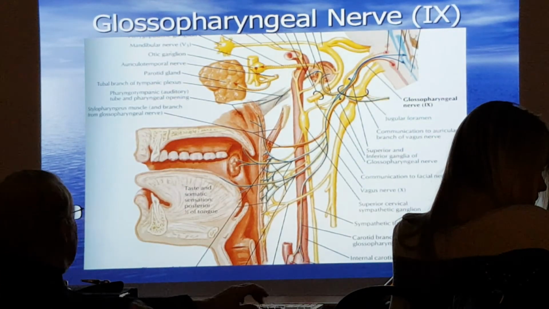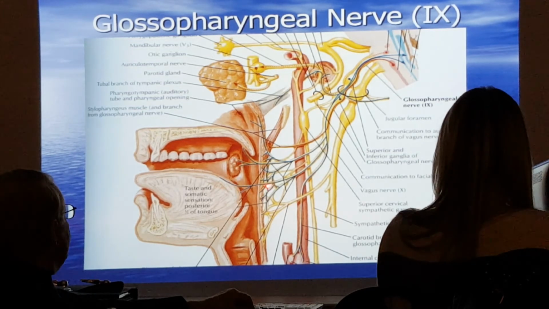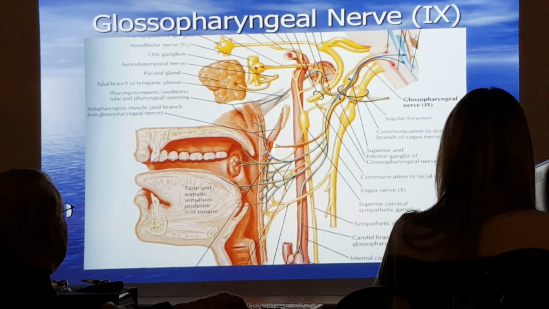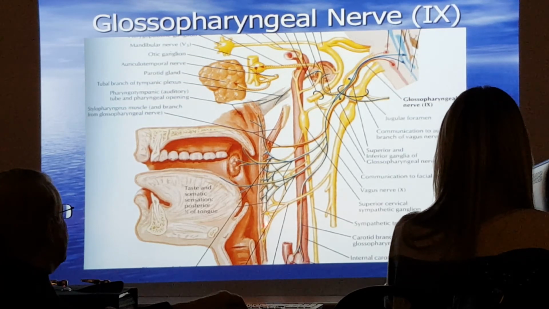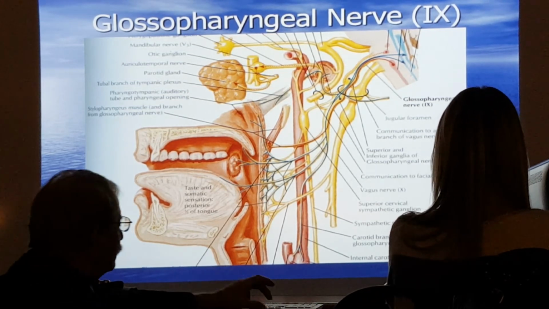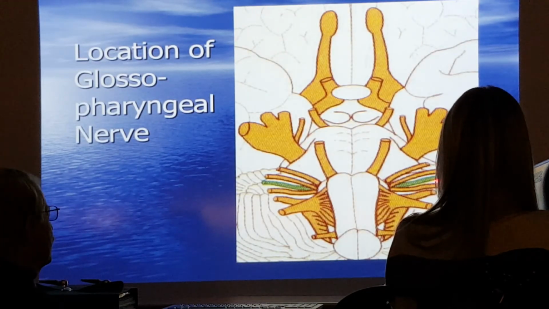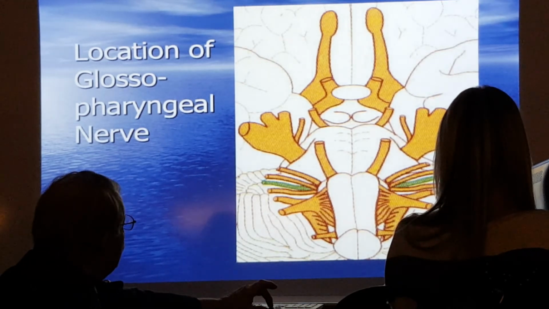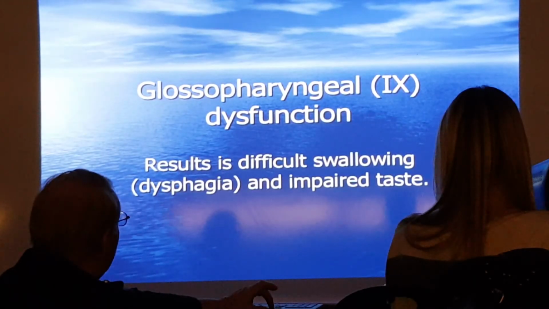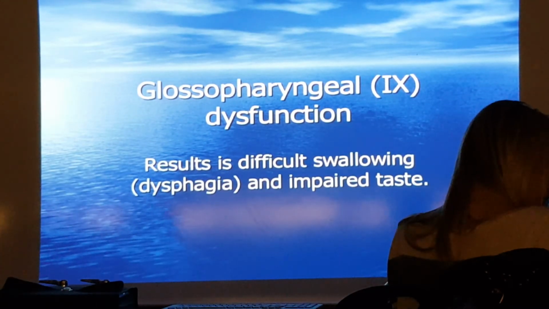Okay? So, tongue and throat region. Lots of innervation of the pharynx. Okay, so there it is, cranial nerve 9. Dysphagia is the medical word for difficulty swallowing.